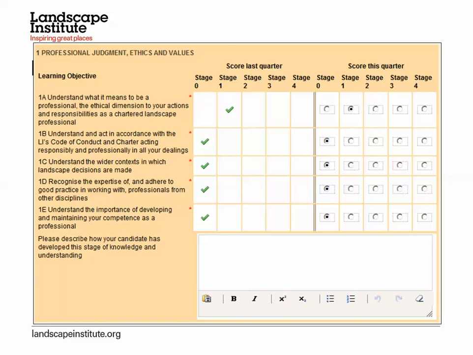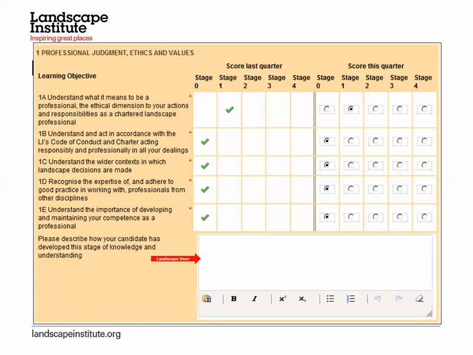It's essentially a lot like the initial review, except you've got these scores last quarter. Unlike this one here, all the scores last quarter will be in the 0 column. So it'll be up to you to go through and put down your 1s and your 2s and your 3s, and possibly, but very unlikely, a 4 for those extraordinarily good candidates. Then you'll add some text describing what has happened to cause this change.